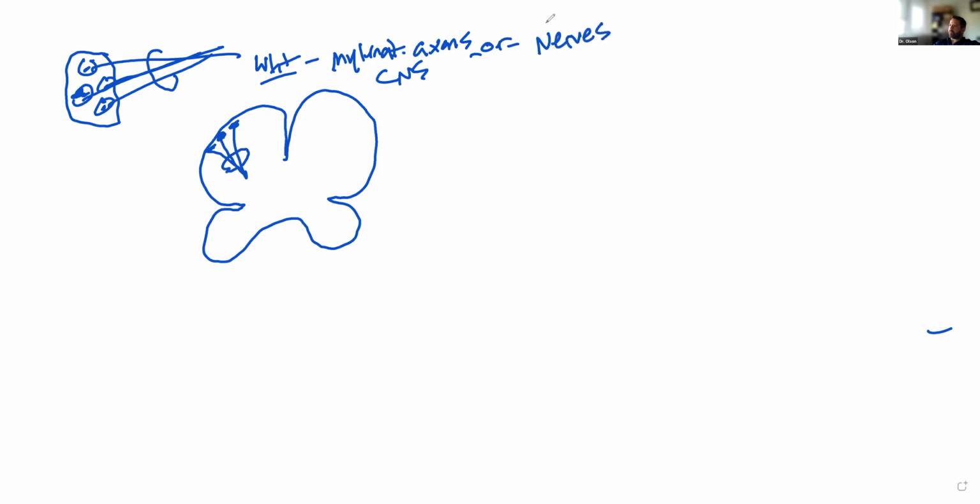We learned about the differences between a nerve and an axon. The nerves are generally just axons, but they're in the peripheral nervous system. Nerves are bundles of axons. So white matter is either myelinated axons in your central nervous system, or those in the peripheral nervous system, which we refer to as nerves. So that's just a recap.